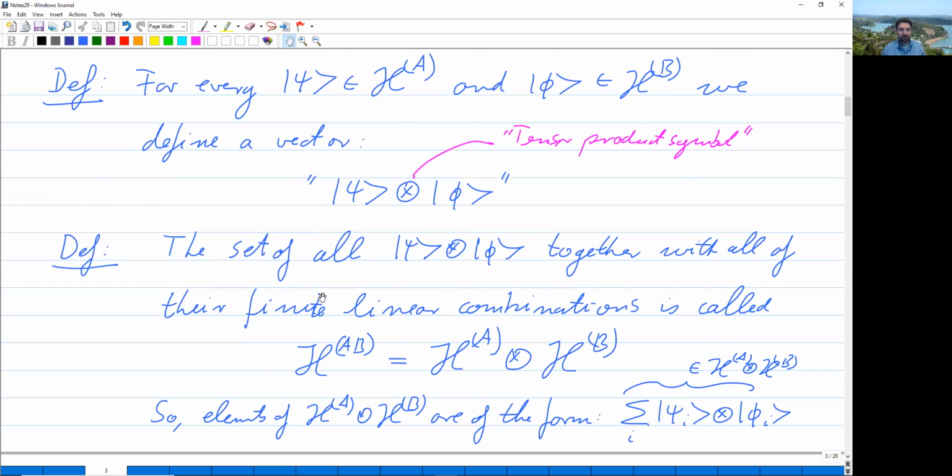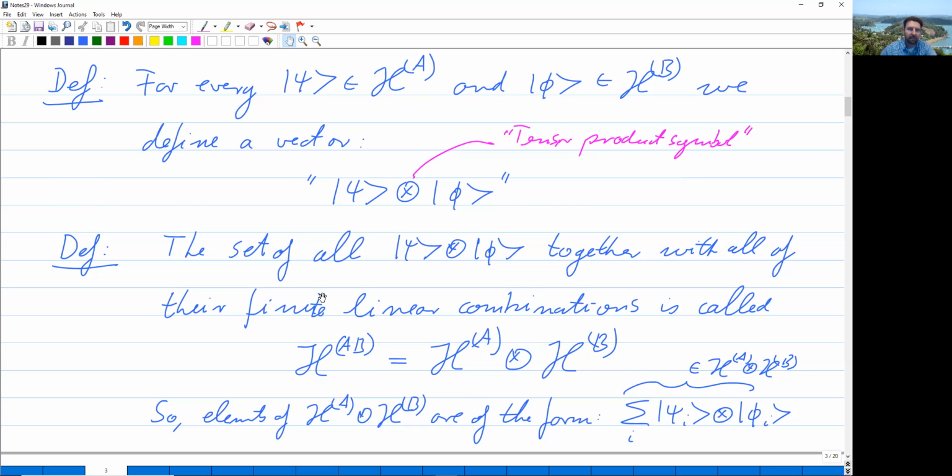And that's because as long as these two subsystems are completely uncorrelated, completely independent, all we need to know is what is the state of one system and what is the state of the other system, and we can smash them together with a tensor product and we know everything about the total system. But what we see here is that because of the linearity of quantum mechanics, because any linear combination of states can arise, we also have these linear combinations of these elementary tensor products.